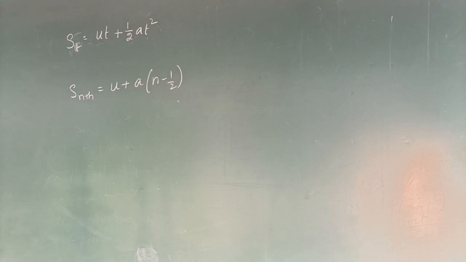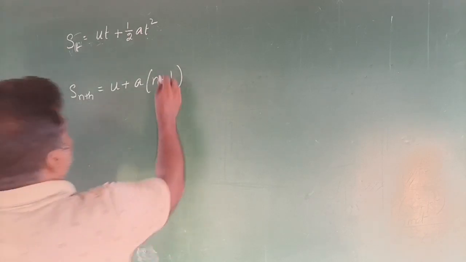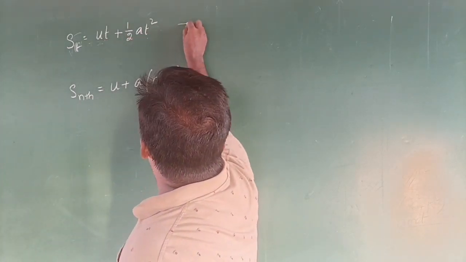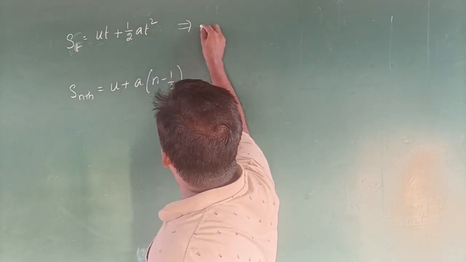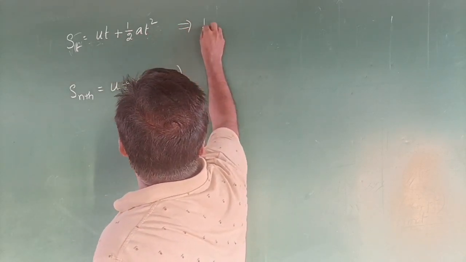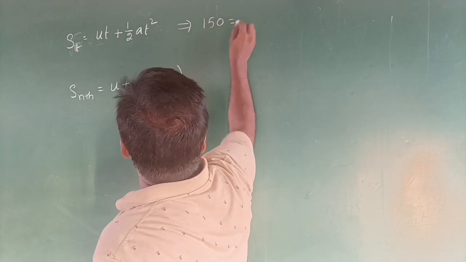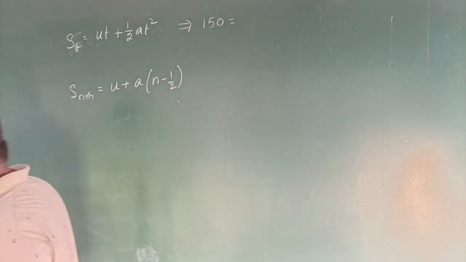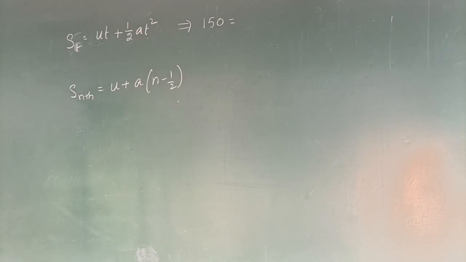What is he saying? He is saying that it covers 150 meters in 10 seconds. For this I will write like this: 150 is equal to... With what velocity does it travel? We need to calculate. With what acceleration does it travel? We need to calculate. To get this, we are getting two equations from the given hints.